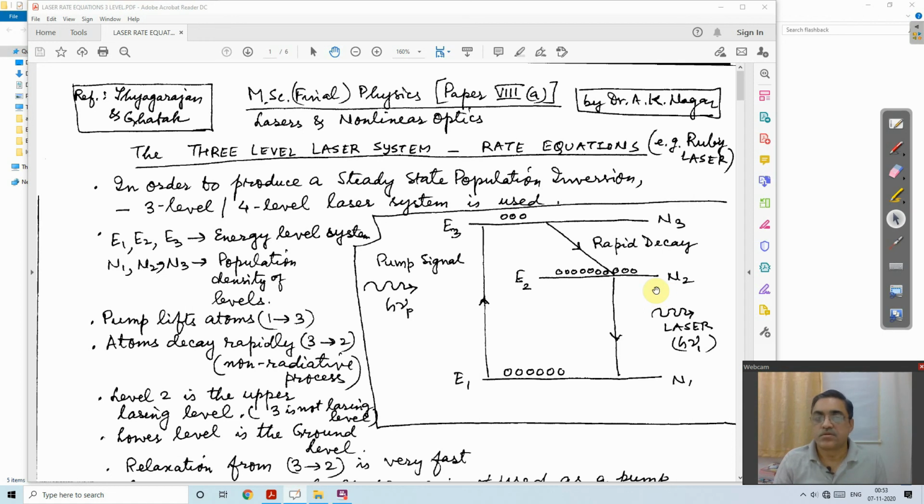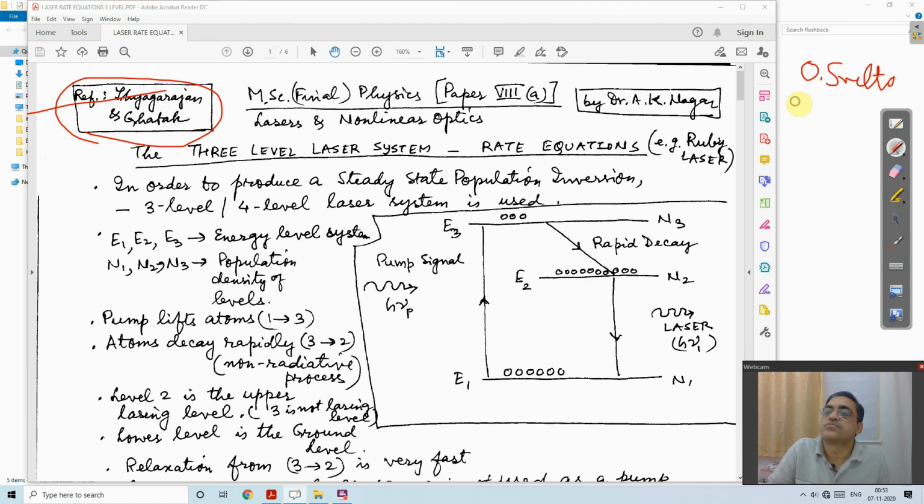So till then, go through this theory from one of the good books, Professor Thyagarajan and Ghatak, and the rest of the books are Oswald, Yariv, one is this, another is this, then Demtroder is there.